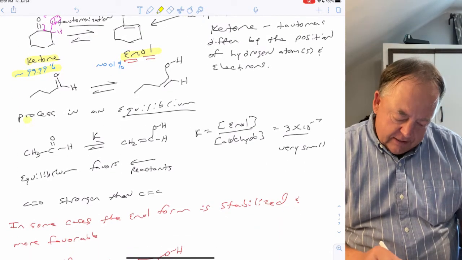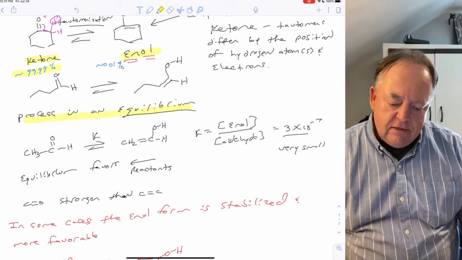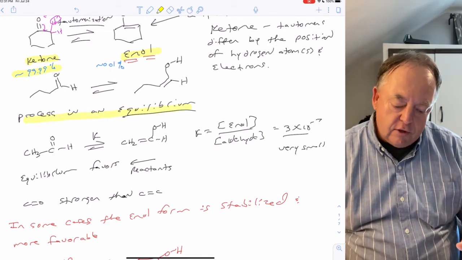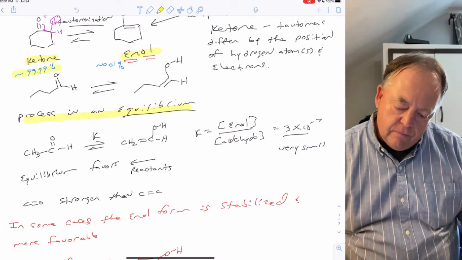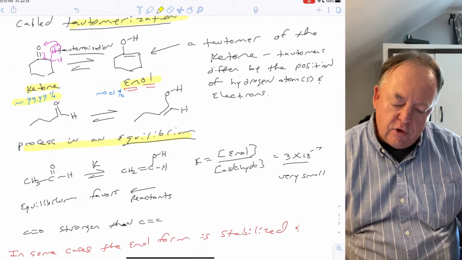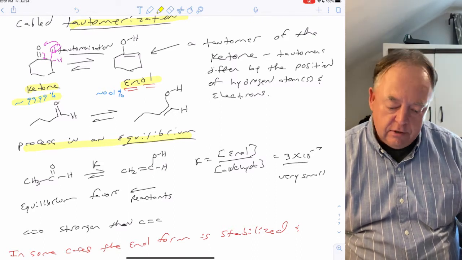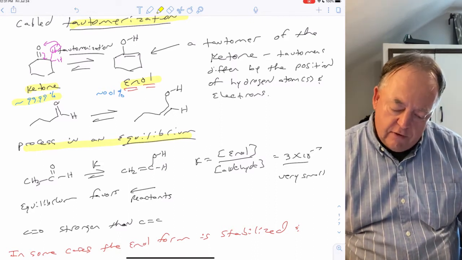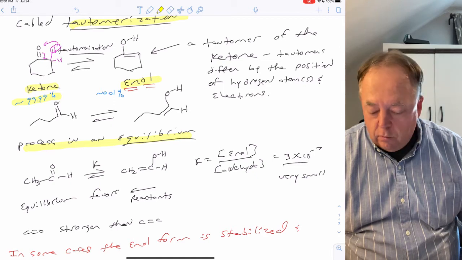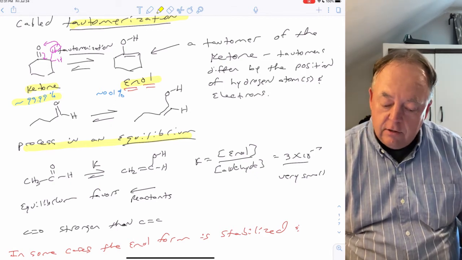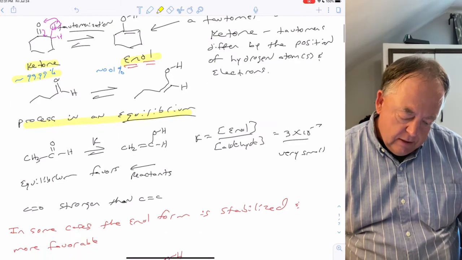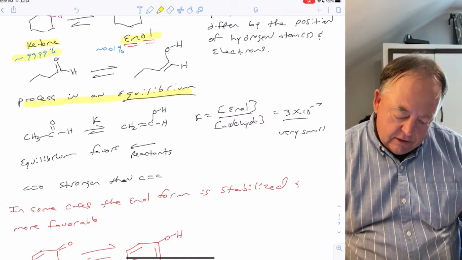This process is not resonance, because resonance only moves electrons. This moves the hydrogen atom and electrons. If you're only moving hydrogens and electrons, that's called tautomerization. Tautomers only differ by the positions of one or more hydrogens and electrons in the molecule. So it's an equilibrium, it's not resonance.